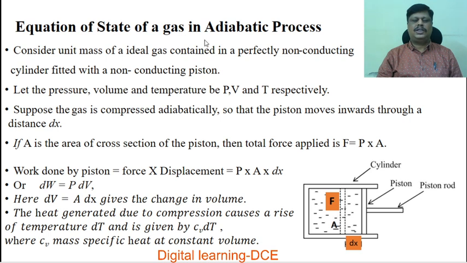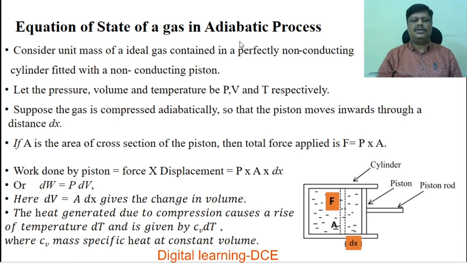So dear students, you already know what an adiabatic process is. An adiabatic process is one in which the pressure, volume and temperature of the system change, but heat neither enters the system nor leaves the system.